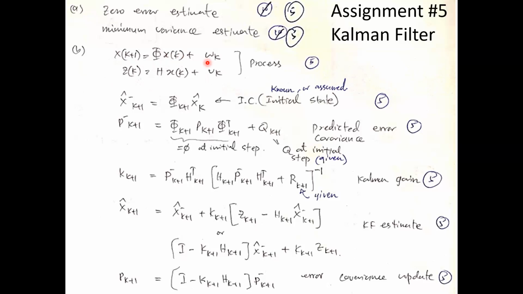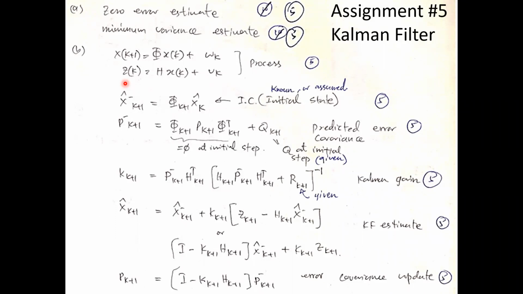And then z_k = H x_k + v_k. This v_k is the sensor noise. This is how you pick out of the state variables which of them are actually measured, and this is the sensor measurement. It can be just one signal that you measure, or it can be a number of sensors, 2, 3, like that.